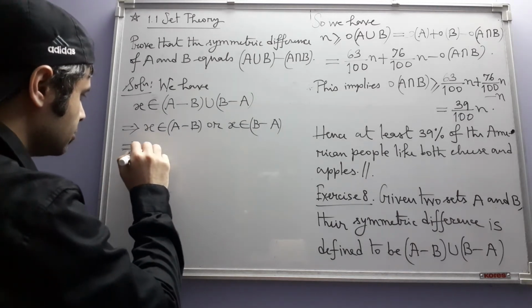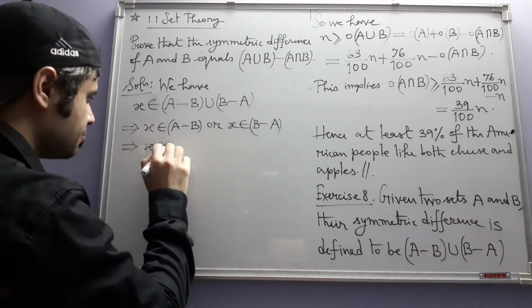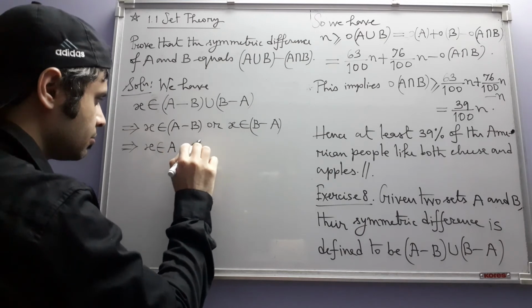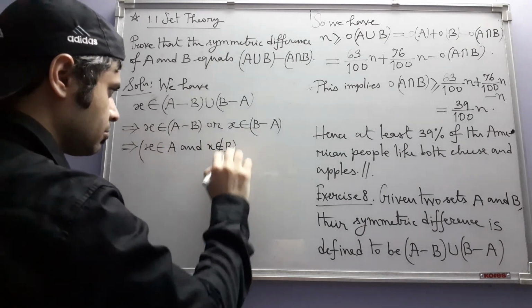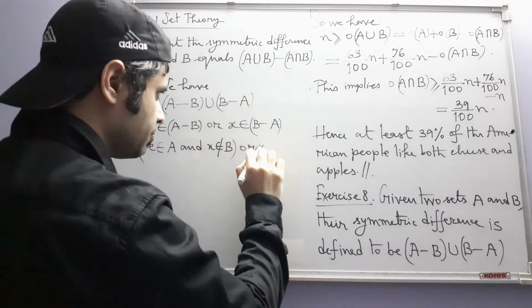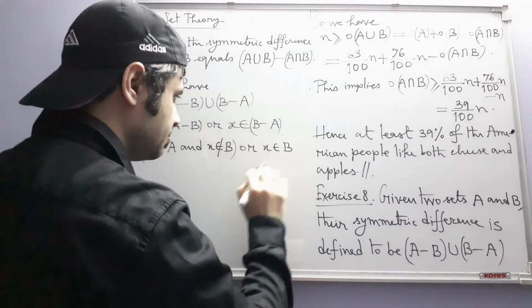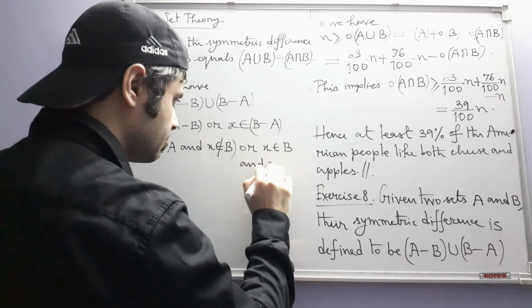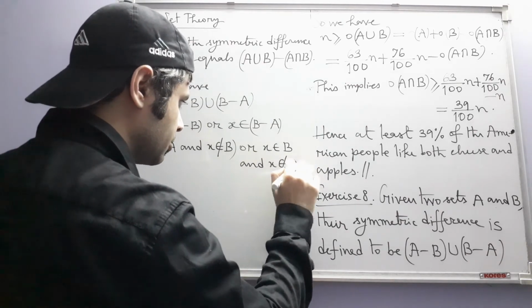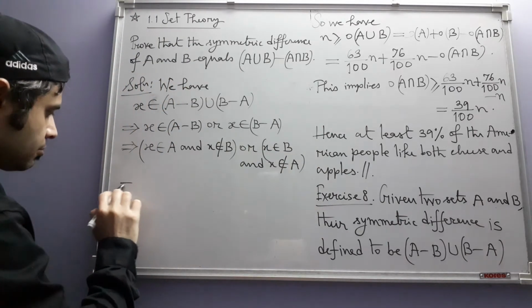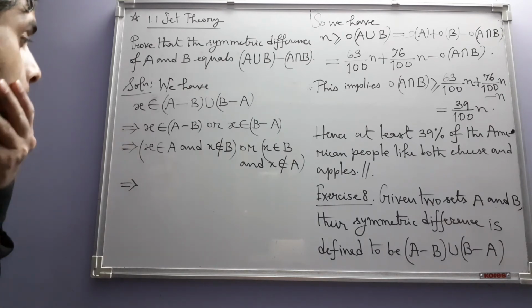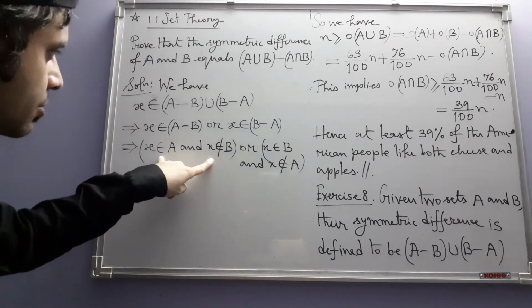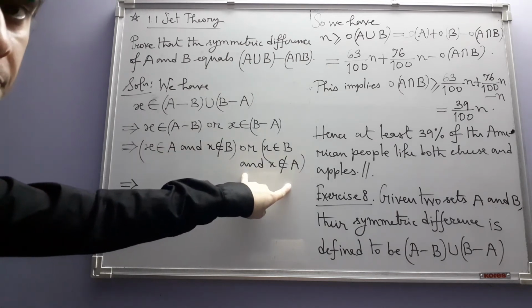That is understood. Now this means X belongs to A and X does not belong to B, or X belongs to B and X does not belong to A. Now either this is true or this is true, right?